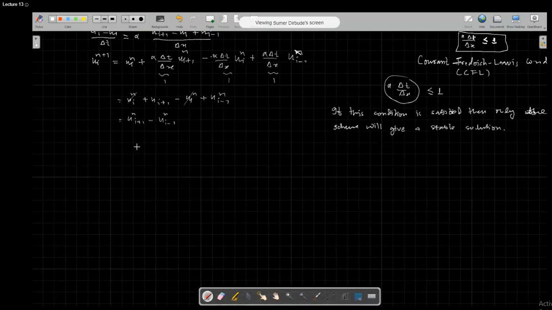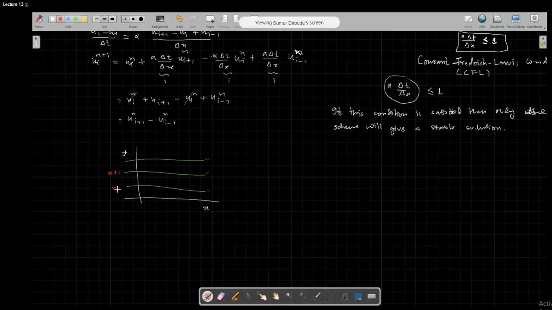So what you are seeing here is a time domain, this is a space domain, and this is our x domain. At every time we have these characteristics: this is one characteristic, this is a second, a third. Suppose this is n plus 1, unknown, and this is known. Whatever values lie below n plus 1 form the domain of dependence.